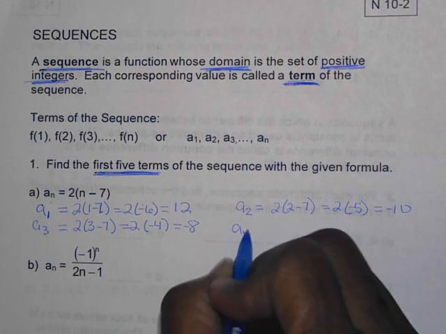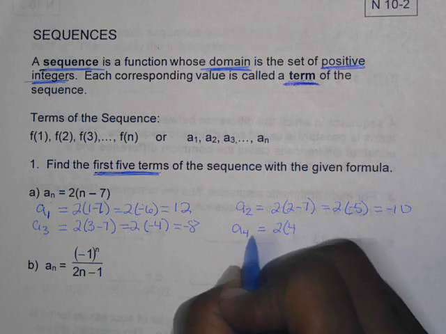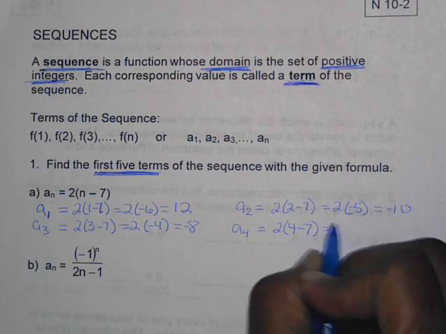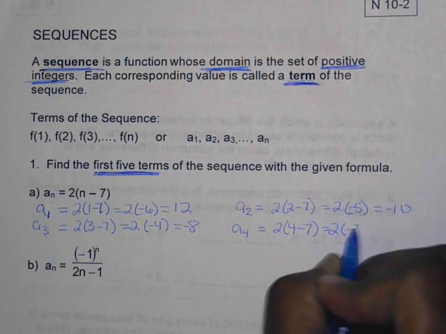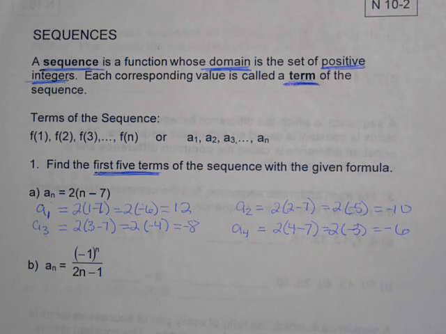A sub 4, 2 times 4 minus 7 equals 2 times negative 3 equals negative 6.